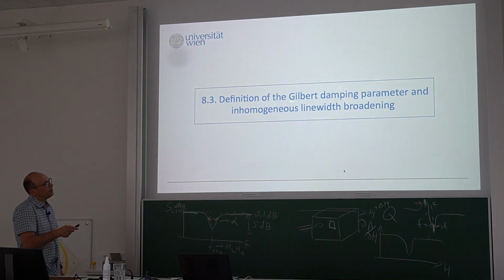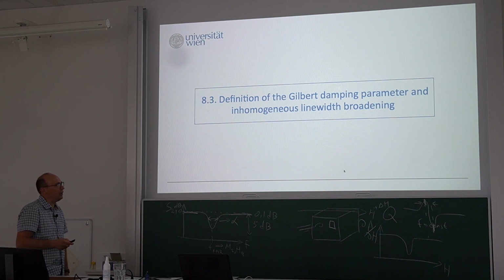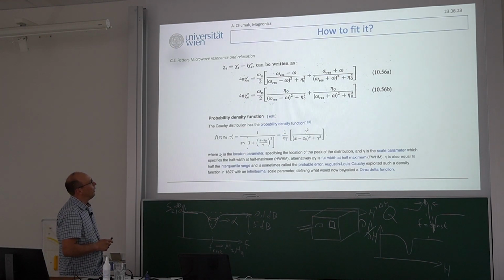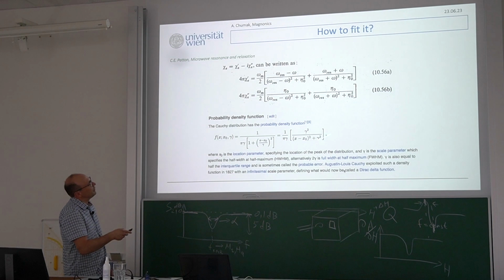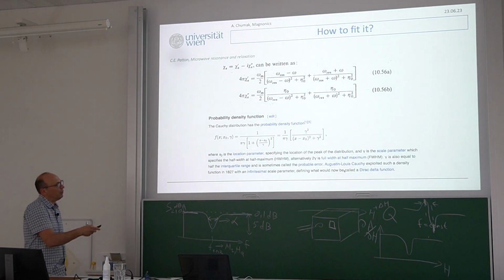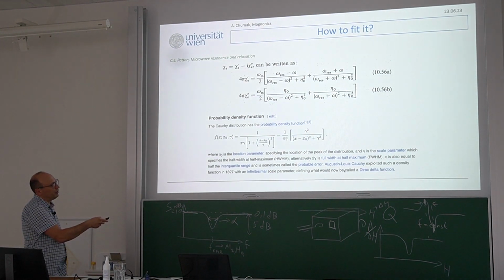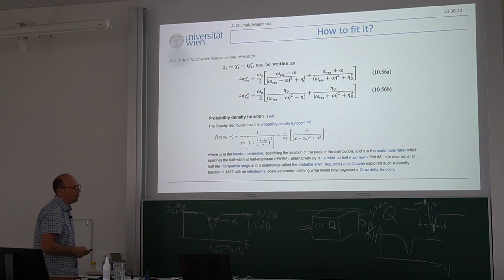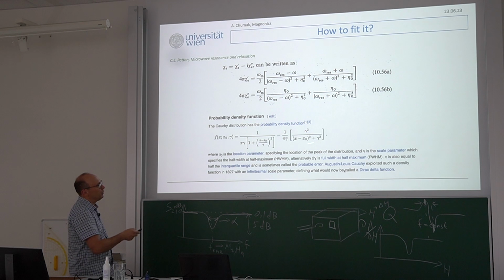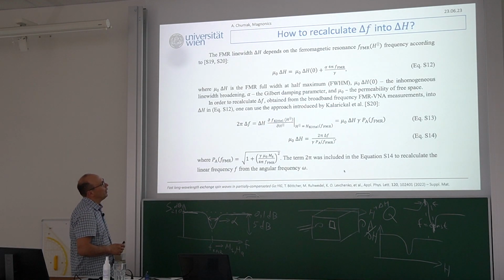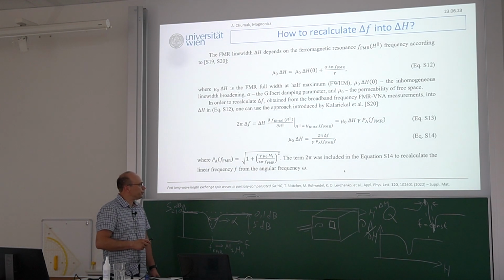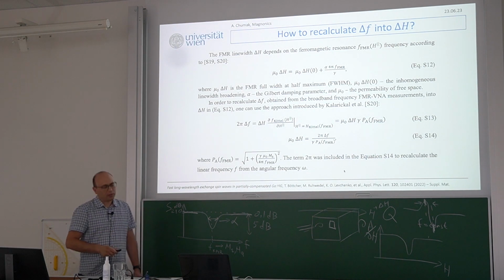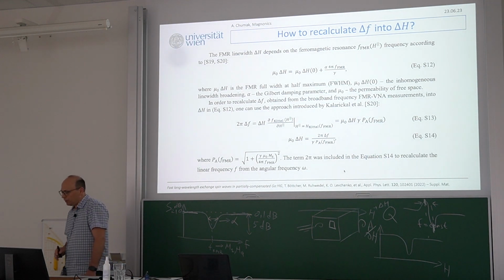And besides the Gilbert damping term, there is so-called inhomogeneous linewidth broadening. Yeah, so again, this Lorentz width, so now we are speaking about gamma, because before we were talking about x minus x0, more or less the position of your resonance peak. And now the line width. How to define it? Again, these are formulas in the same supplementary materials. Again, nothing new.